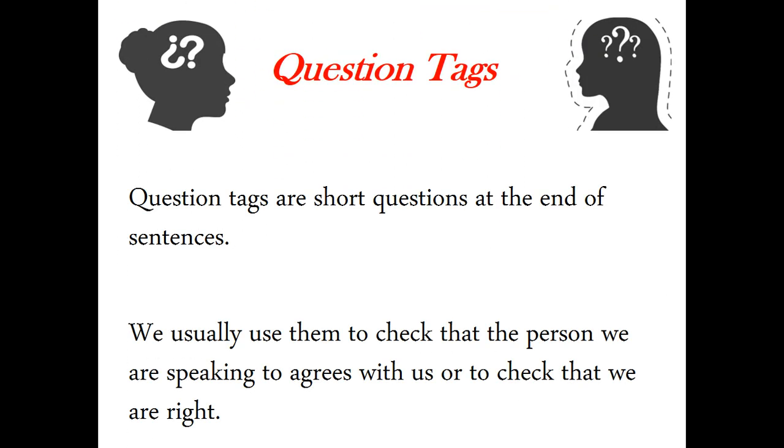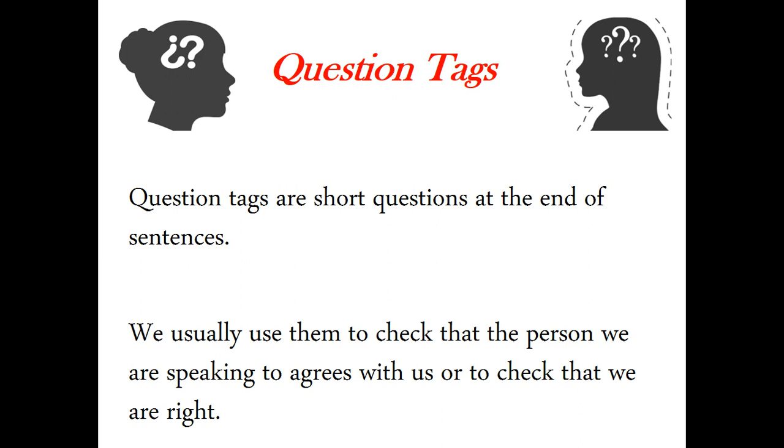So what are question tags? Question tags are short questions at the end of the sentence. For example, we have a sentence, okay? We have to write the question tags at the end of the sentence, not in the beginning or in the middle. Do not forget, this is one of the most important points in this subject.